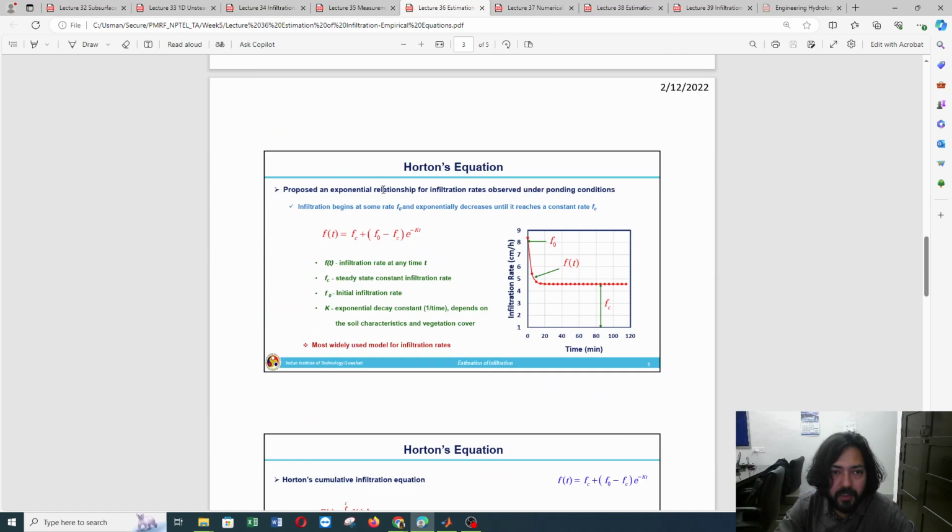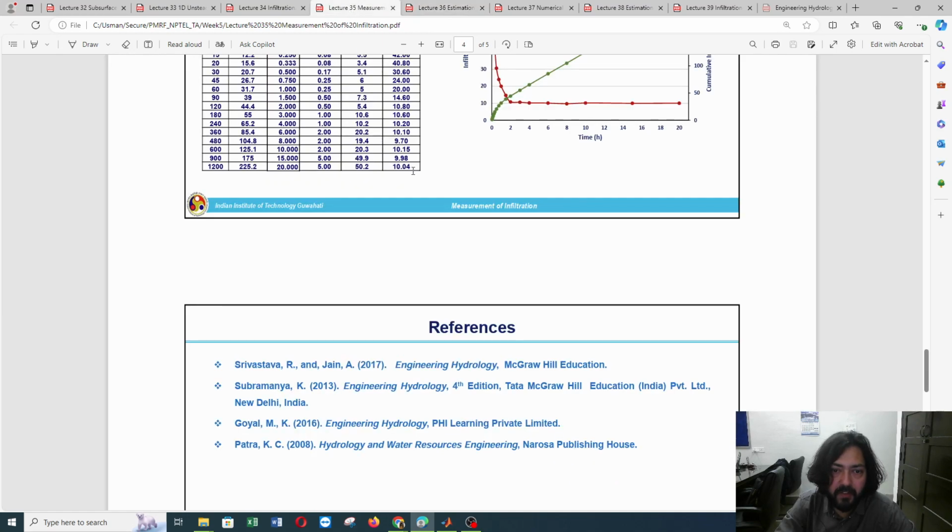Similarly, this is Horton's equation. If you want to calculate infiltration rate at any given time, you need two values. The first value is the initial value at the time infiltration begins, that is called F0. And the other is the value that becomes constant after a certain period of time, that is what we are seeing here, right?